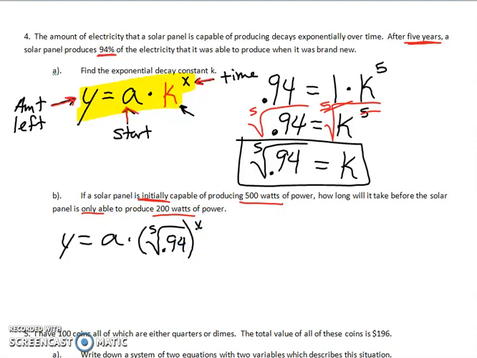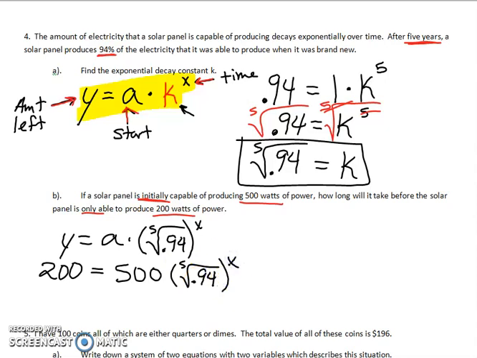And we know what our a is, we know what our y is, and I'm going to plug those in. My y value is ending with 200. My start value was 500. And then I've got the 5th root of 0.94 to the x power.